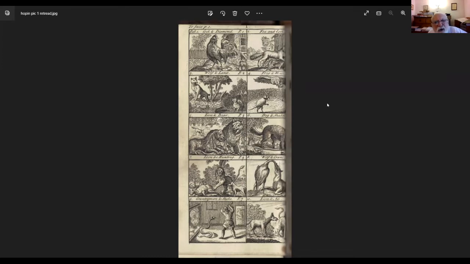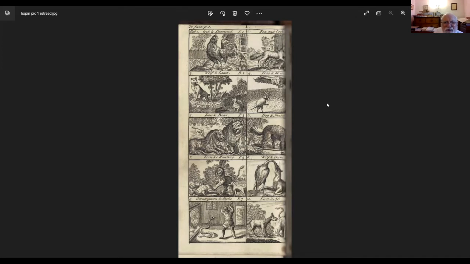The etchings are numbered, so they correspond to the numbers of the fables, and they are really rather charming and well made, but very small narrative images.